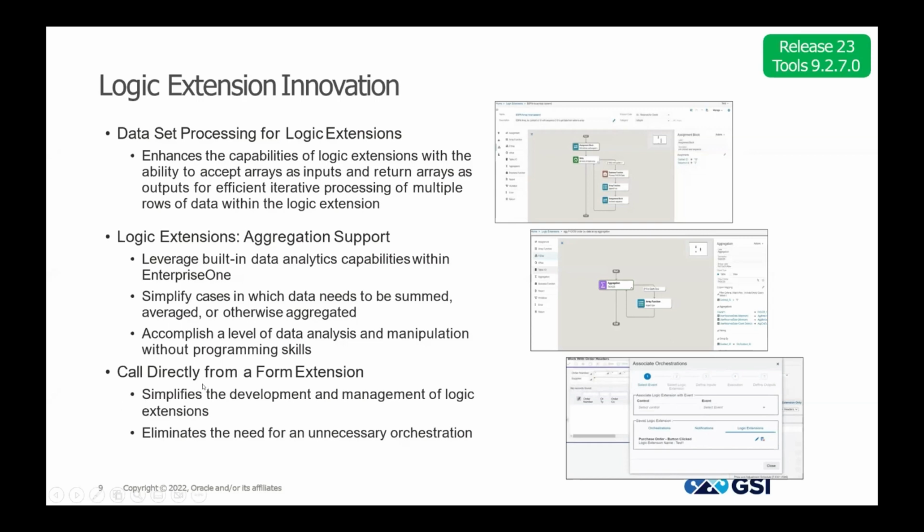And I won't cover that today, but as you're doing these kinds of things, you can put a logical extension and call it right from within a form extension within JDE. So if you wanted to give them a button that says, show me the top 10 items being sold right now, and your logical extension does that aggregation and calculation, they can just click a button and move on.